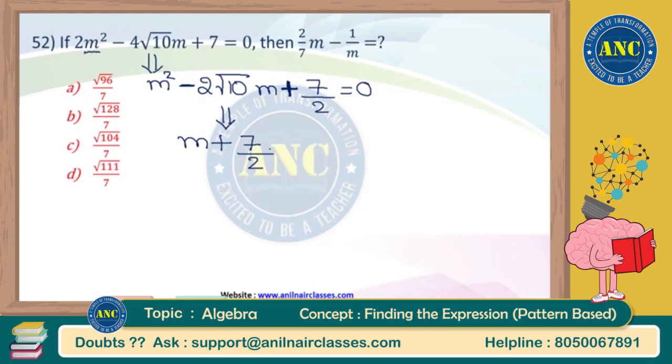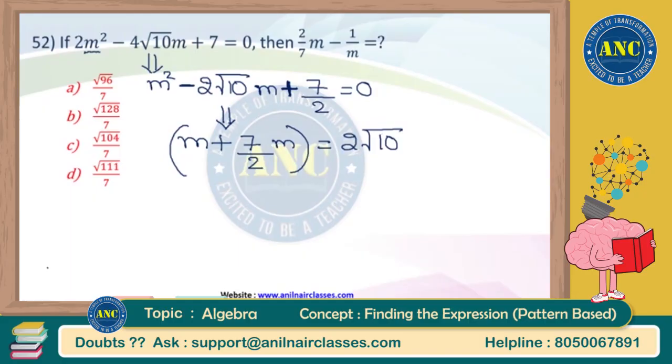It is m plus 7 by 2m is equal to the coefficient of m shifted to the right hand side, minus 2 root 10, it becomes plus 2 root 10. I hope this is very clear for you, sir. Without any hesitation, this should be very clear for you people, right?